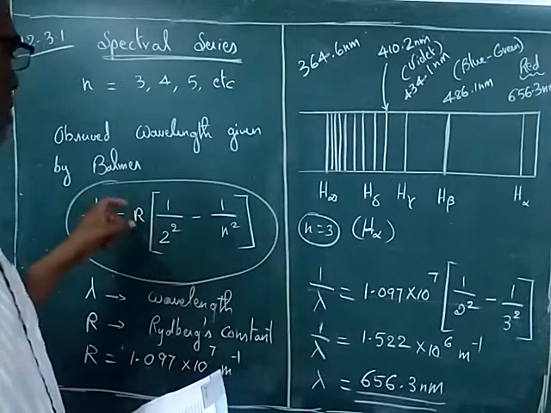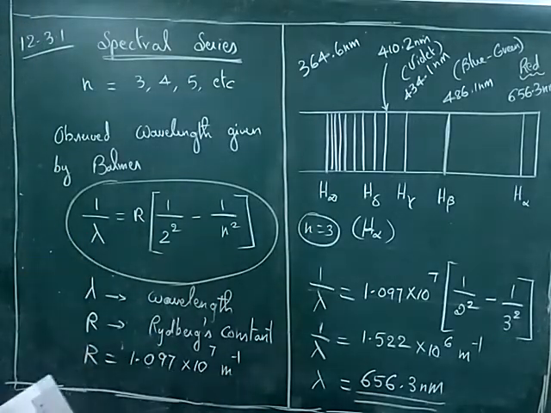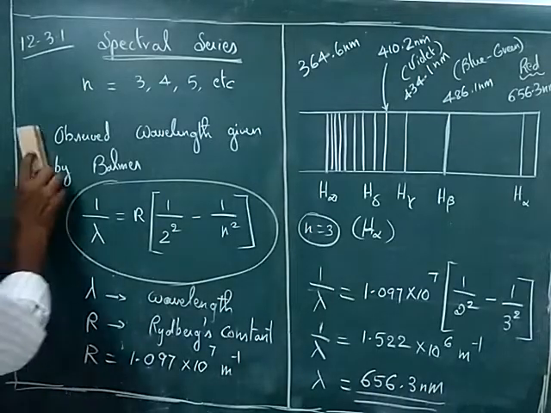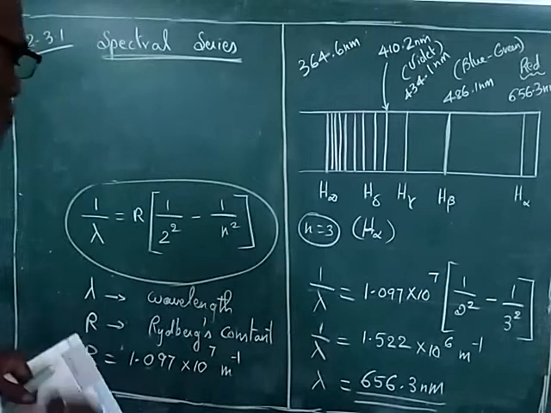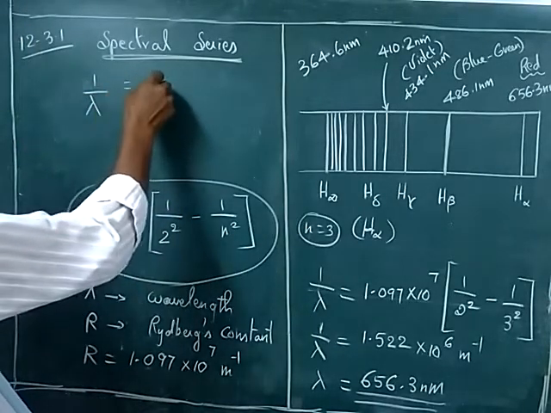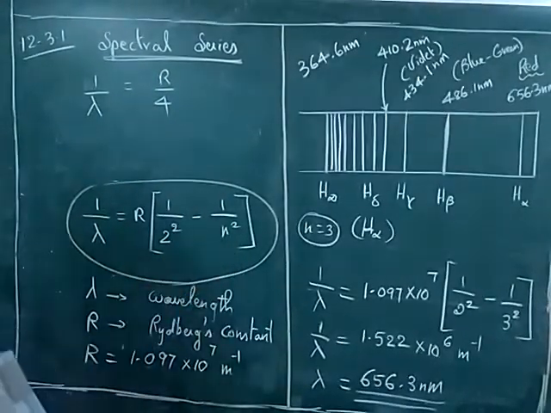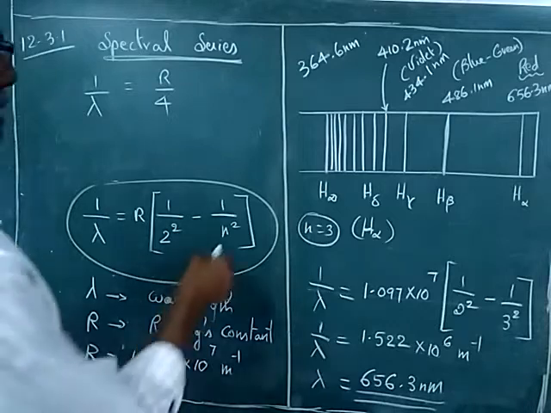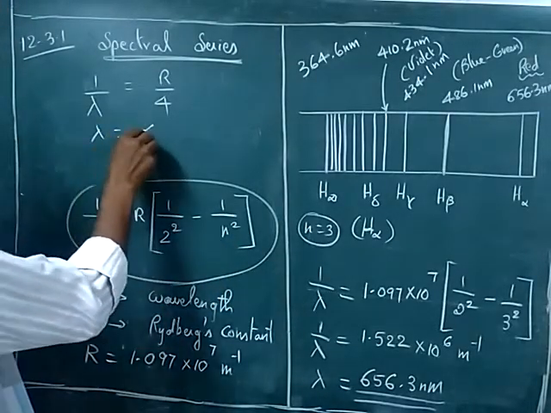Therefore, you will be having R by 4. So 1 by lambda is equal to R by 4. This is the case when n tends to infinity. That is, lambda is equal to 4 by R.